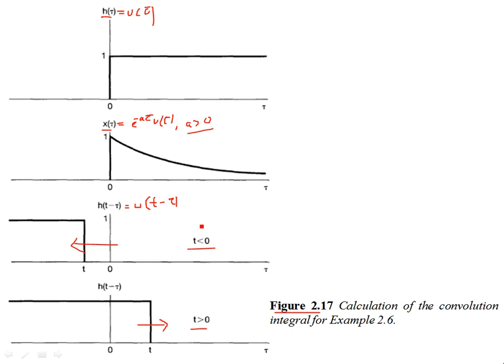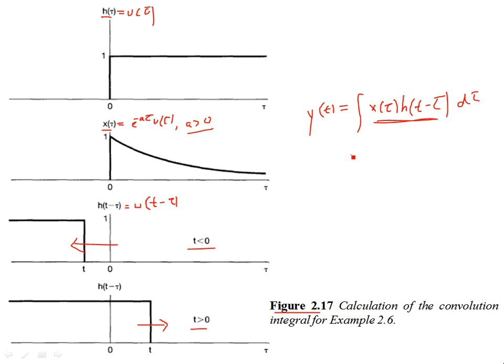And you can see from here, if you consider the output of the system y(t) to the input x(t), which is given by the convolution integral of x(tau) h(t minus tau), this integrand, this multiplication, we are interested in this function x(tau) h(t minus tau). This has to be integrated.